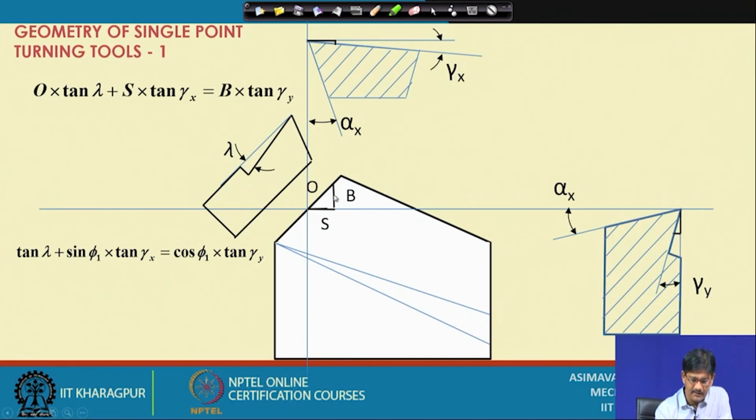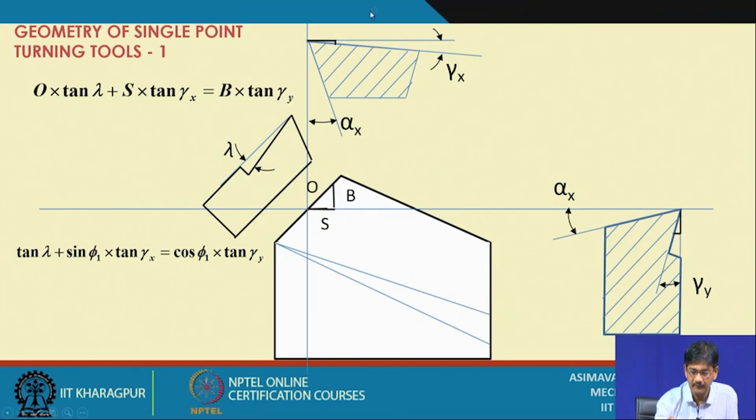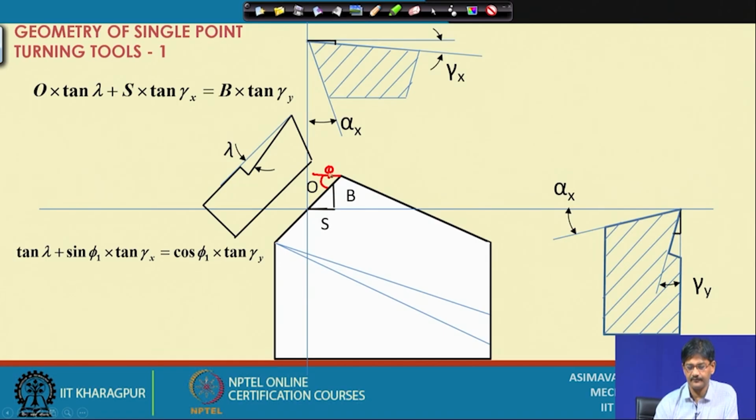Now, what is this angle equal to? This is equal to 90 degrees minus phi. Let me use the pen and write it here. This is equal to phi. Therefore, this must be equal to phi 1.